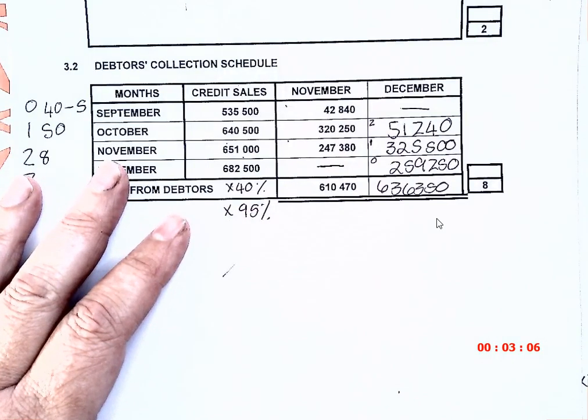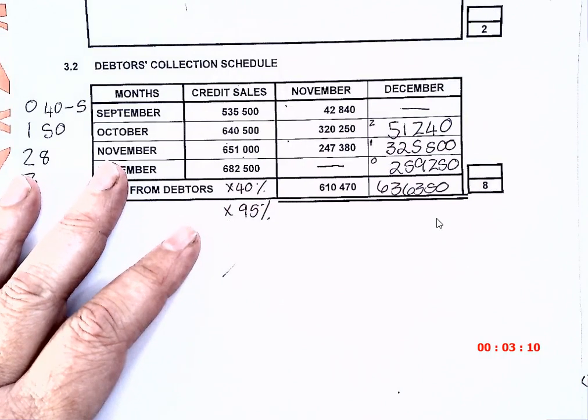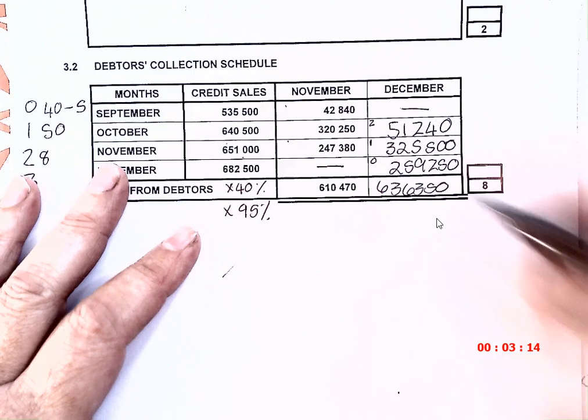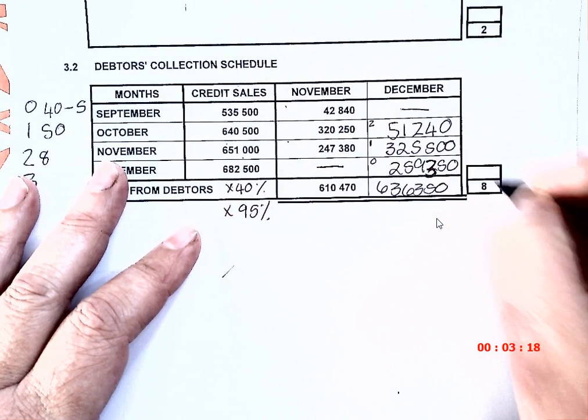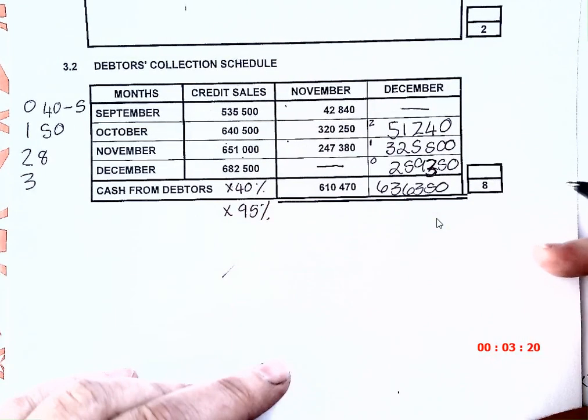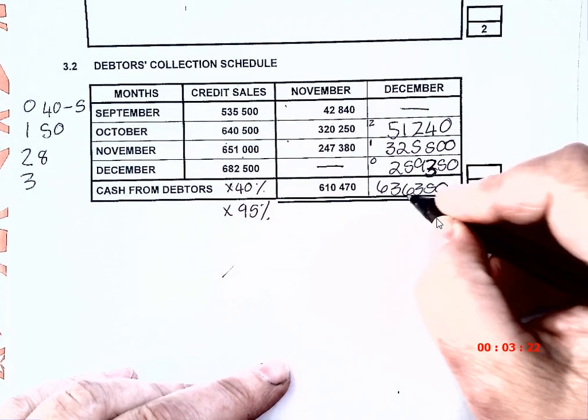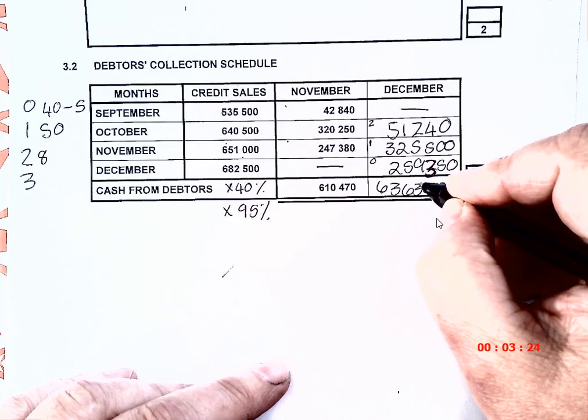No, December should be 350, not 250. Yes. Okay. And I've got 636090.